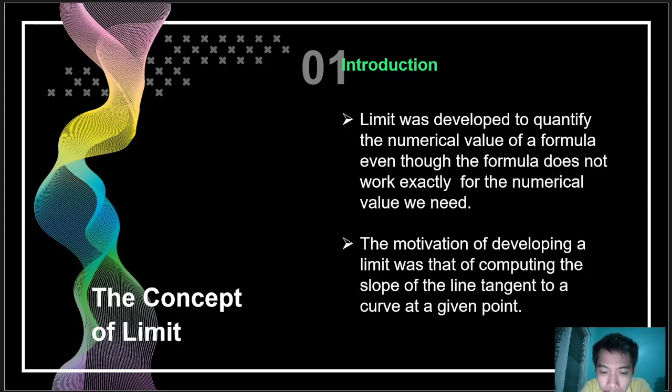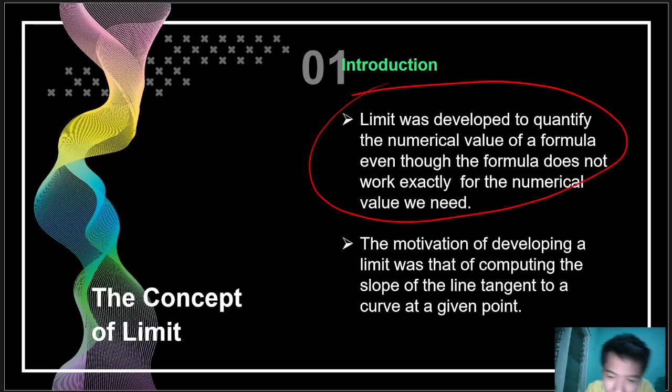So limit was developed to quantify the numerical value of a formula, even though the formula does not work exactly for the numerical value we need. And also, the motivation of developing a limit was that of computing the slope of a line tangent to a curve at a given point.